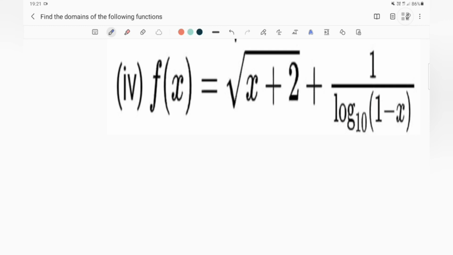So first one by one we will discuss here. We know that root f of x is defined, first I will write two important points.